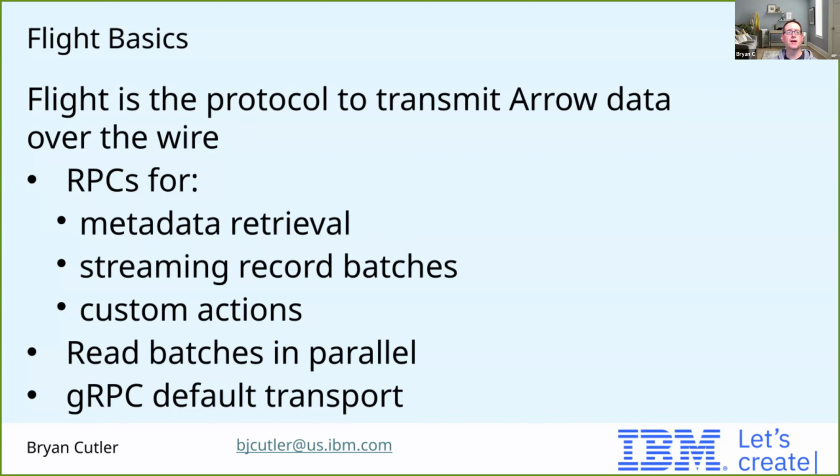One good benefit is that it allows you to read batches of data in parallel. That's very useful for something like Presto and other distributed systems. It uses gRPC as the default out-of-the-box transport, but it's not necessarily tied to that, though that is the most convenient transport to use.